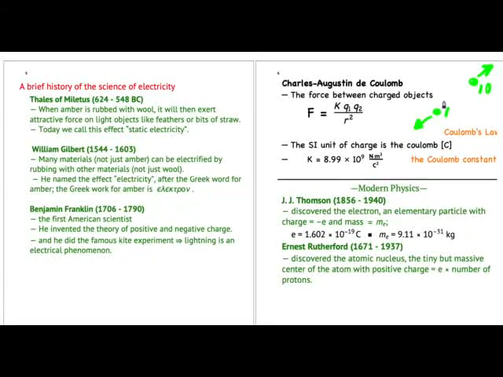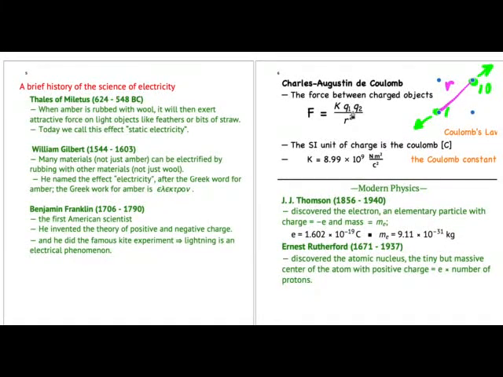So the distance between the two charges, if these are little spheres, this would be the distance between their centers. That's R. So really I ought to show this extending to the centers of the two spheres. It's an inverse square law.